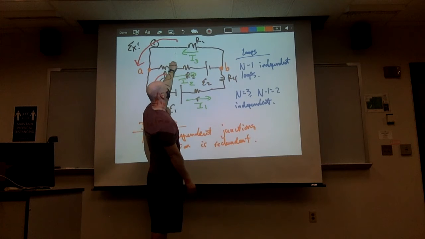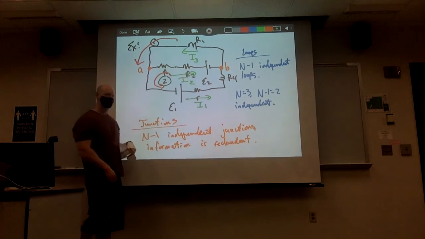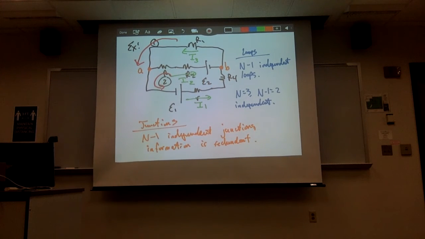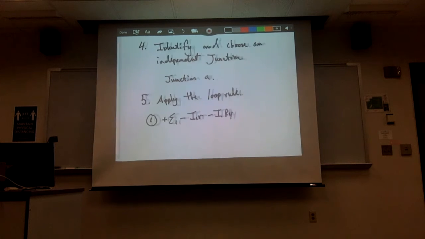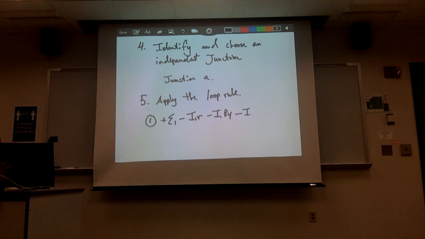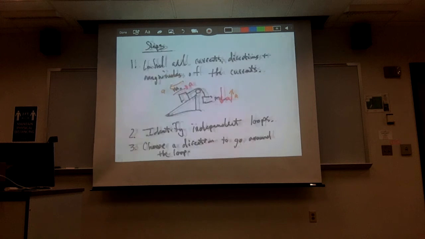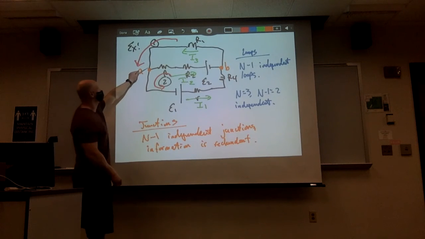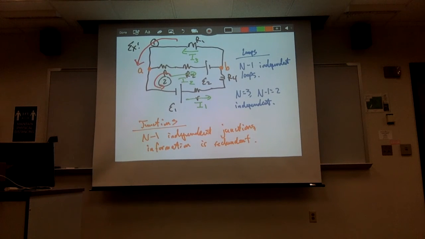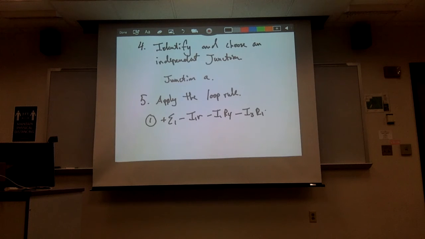I'm going to go across the resistor in the same direction as I3, which means that positive or negative? Negative. So I'm going to get a negative I3R1. And now finally, I come all the way back to the junction. So I'm at my starting position, which means this all now has to be equal to 0. So that's my first loop.